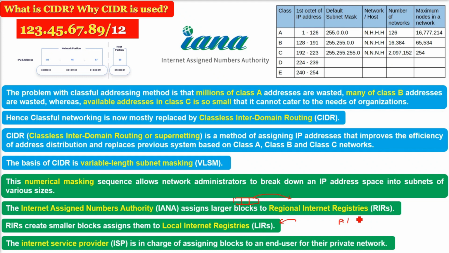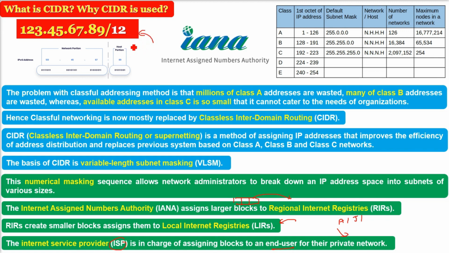You have Fido or Airtel or Jio, different service providers. These are internet service providers. After all this, the ISP is in charge of assigning the blocks to the end user, because you are actually paying the ISPs, not IANA.